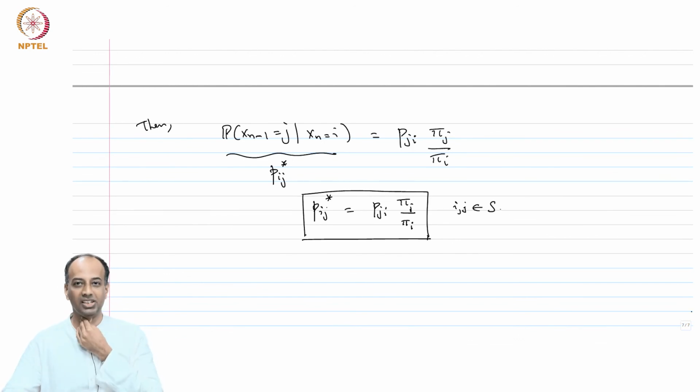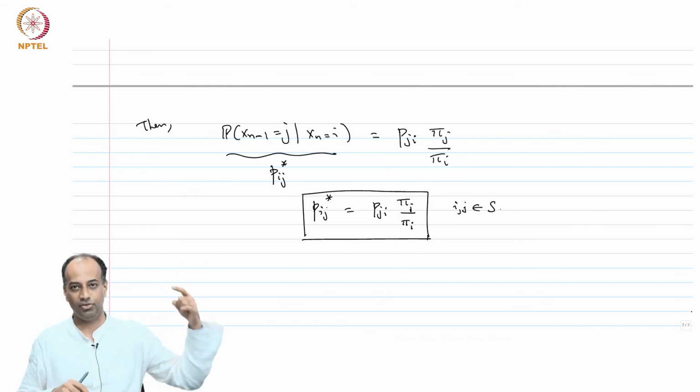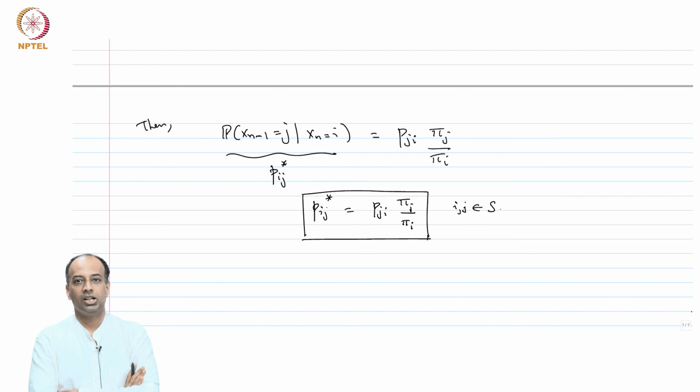Now, what is reversibility? Reversibility is the property that the reverse Markov chain has the same statistical properties as the forward Markov chain. That is, for any two states i and j, if P_ij star is equal to P_ij, then such a Markov chain is said to be reversible.